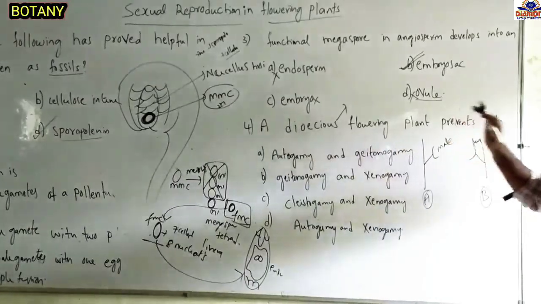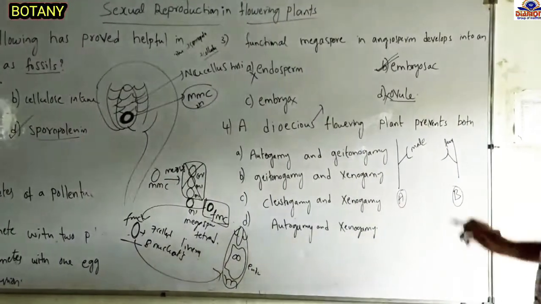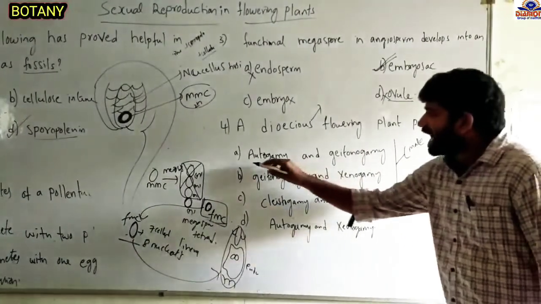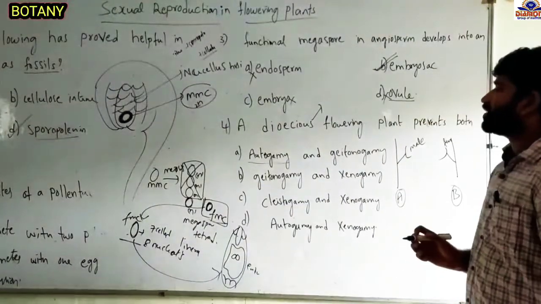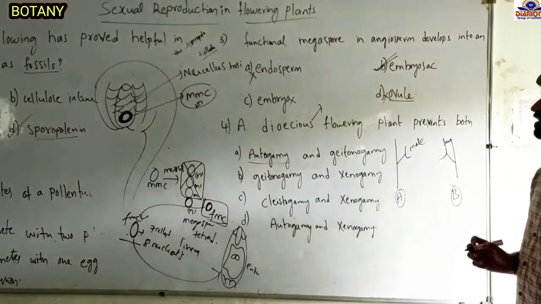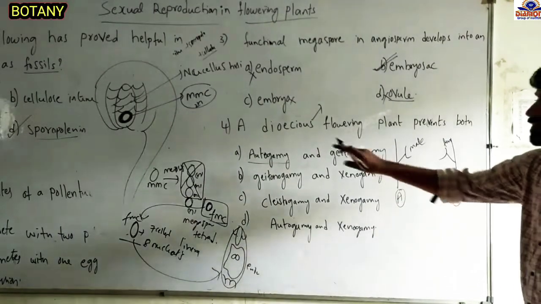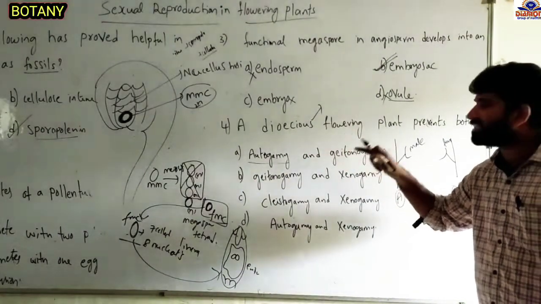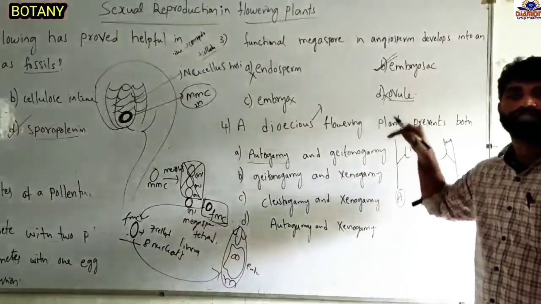So dioecious flowering plants prevent both. They gave the option autogamy. Autogamy means self-pollination, the transfer of pollen grains from the anther to the stigma of the same flower of the same plant.